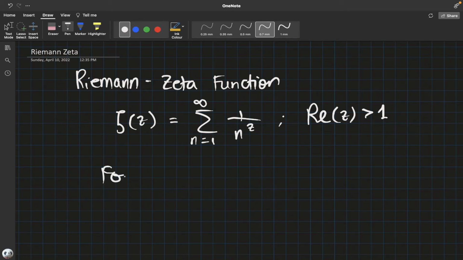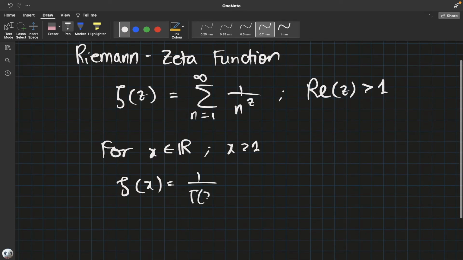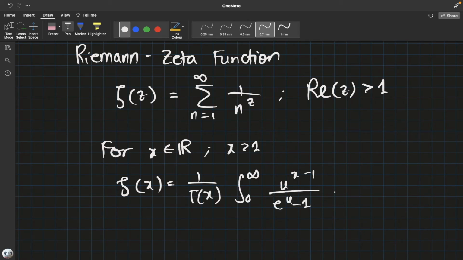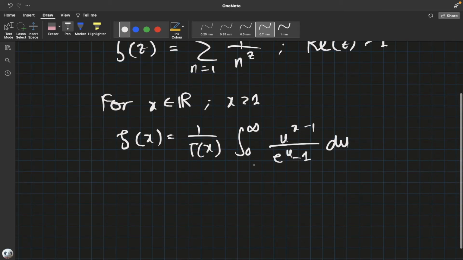For some real number x that's greater than 1, there's a formula like this: the integral of u to the x minus 1 over e to the u minus 1 du. The proof of this is simple. Use the geometric series for the denominator, and you'll get a gamma times the Riemann zeta on top. So the gammas cancel, you just get a Riemann zeta.